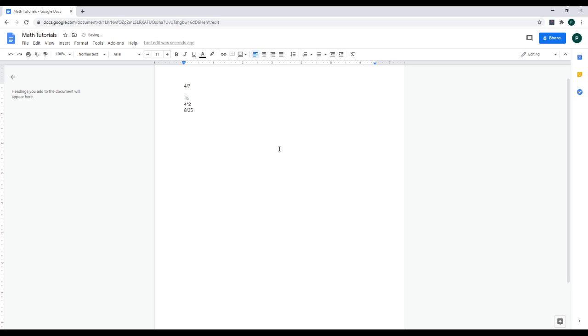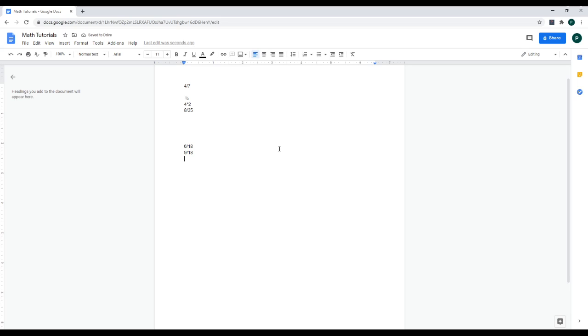Now let's say we have a fraction that can be simplified. Then the result needs to be simplified. Let's say I have 6/18 and I have 9/18.